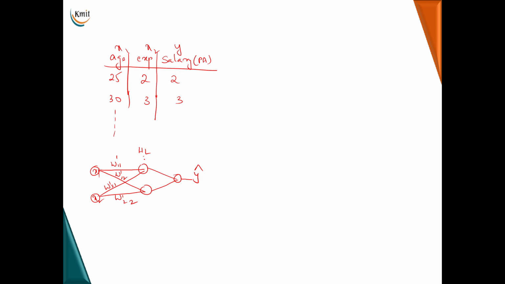Let the bias here be b11, the bias here b12, and the bias here b21, and the corresponding weights for the second layer are w11 and w12 respectively. For example, this is my artificial neural network for the given data set.